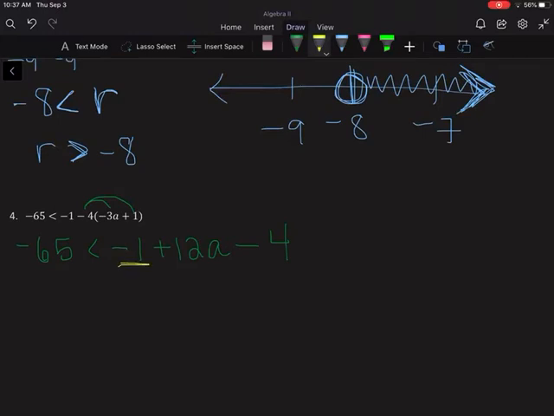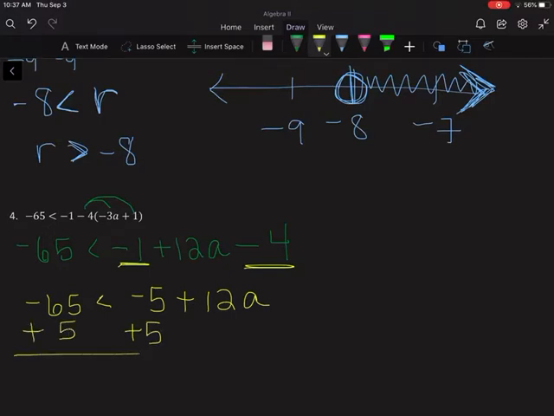So then I combine like terms. On the right side, it looks like this guy and this guy are like terms. So negative 65 is on the left. It's a negative 5. And then we have plus 12a. All right, then I'm going to add this 5 to the left. That gives me negative 60 is less than 12a.